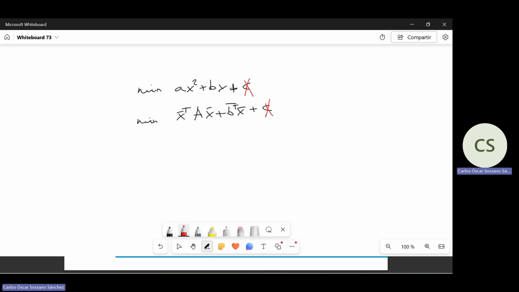So we are minimizing with respect to x, and we are looking for the x that minimizes this thing. So C does not depend on x. It does not depend on x. The x that minimizes this one is the same as the x that minimizes this one. Okay.